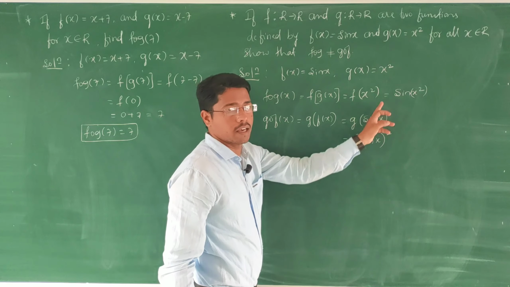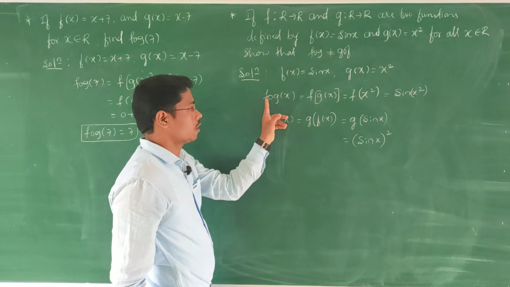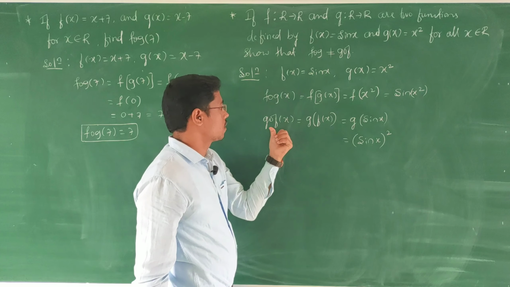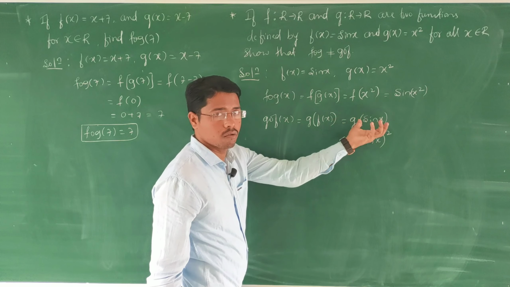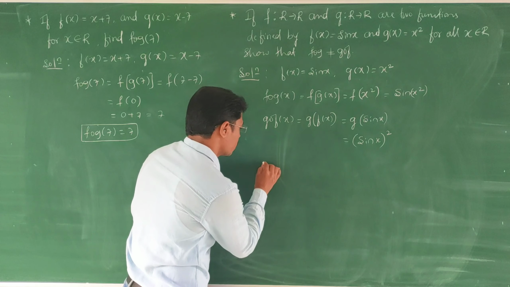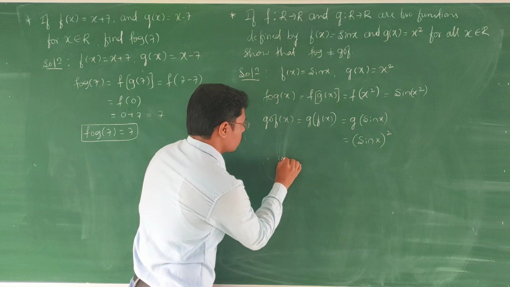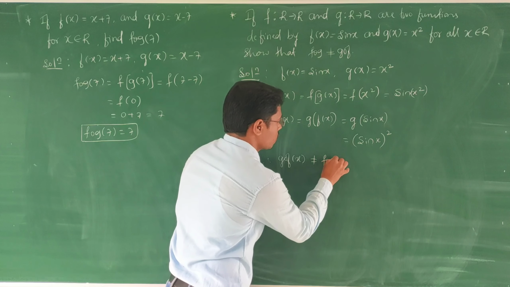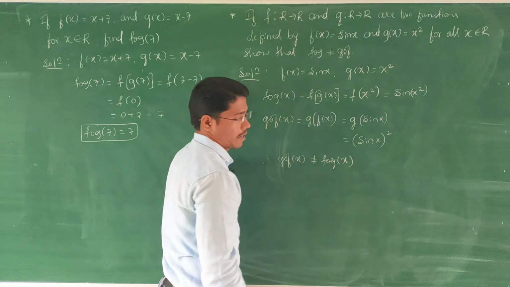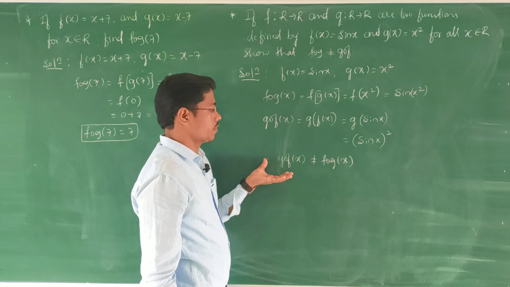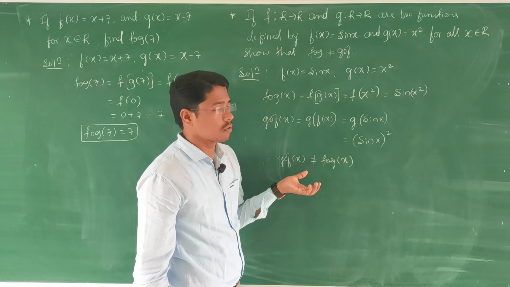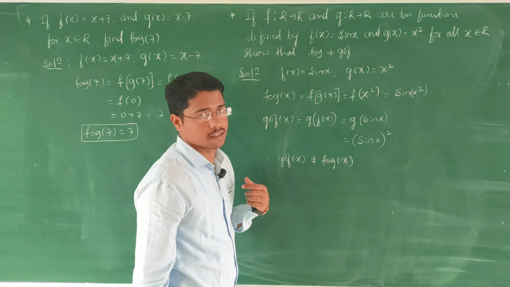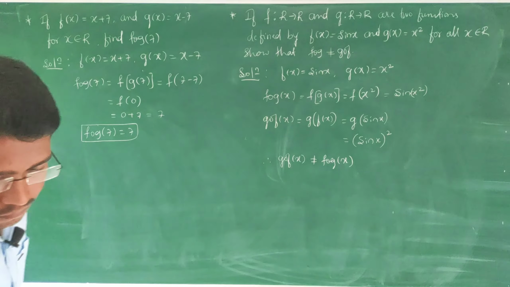So we have to say they are different. Fog of x equals sin x square, gof of x equals sin x whole square, right? Therefore, fog is not equal to gof. So we have shown that fog is not equal to gof, right? Okay.